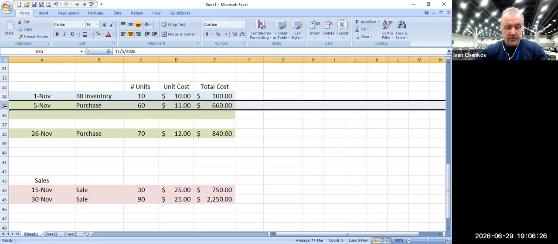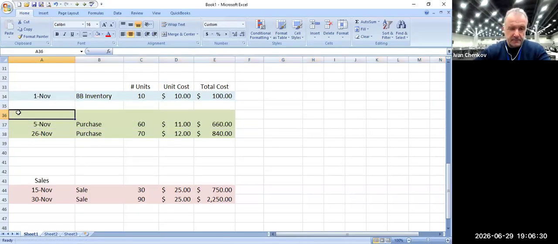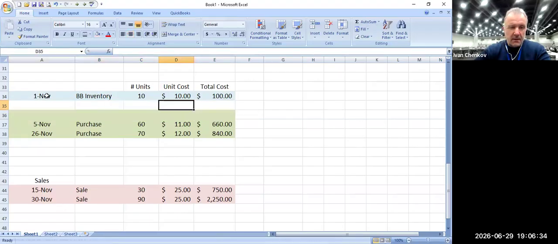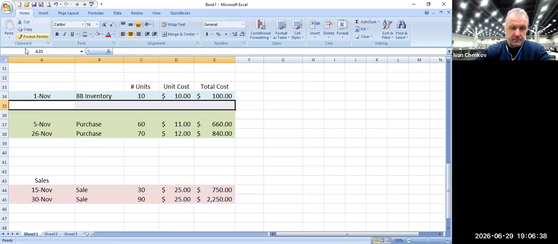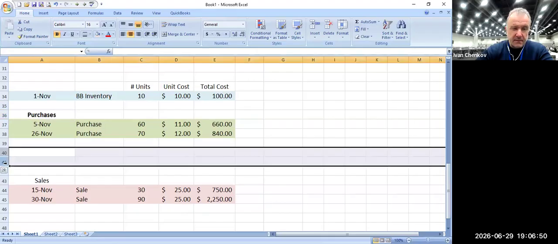Actually, what I can do is grab this one, paste it right here. I have my beginning balance. Then I have my purchases. After I get my purchases, I have available for sale.